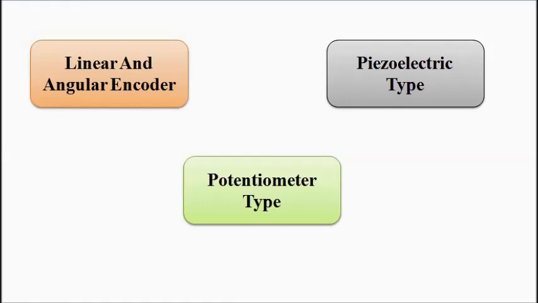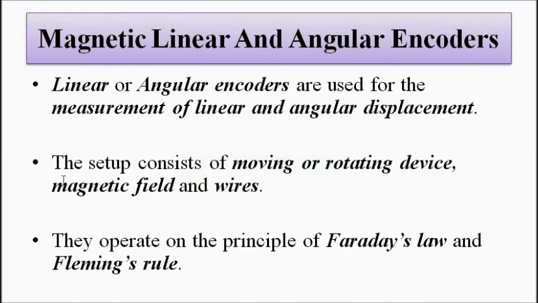The magnetic linear and angular encoder is used for the measurement of linear and angular displacement. It is based on Faraday's law, Maxwell's law, and Fleming's rule, the electromagnetic induction principle. So the setup consists of a moving or rotating device on which conductors are placed, a magnetic field, and connecting wires to carry the current.